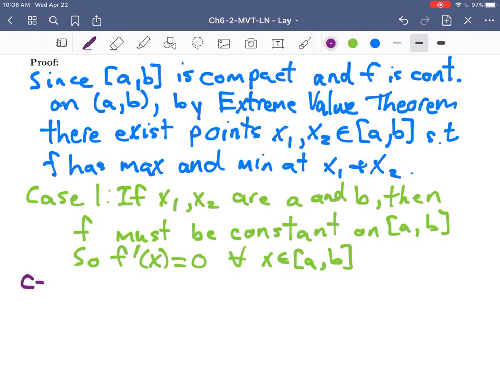Case 2 is what we have otherwise. So if x1 and x2 are not both at the endpoints, so if we don't have the minimum at one endpoint and the maximum at the other, then the minimum or maximum, one of those two, has to occur in the interior.